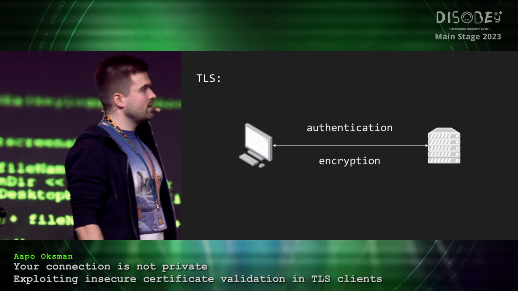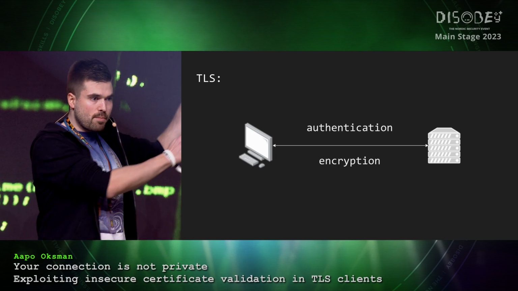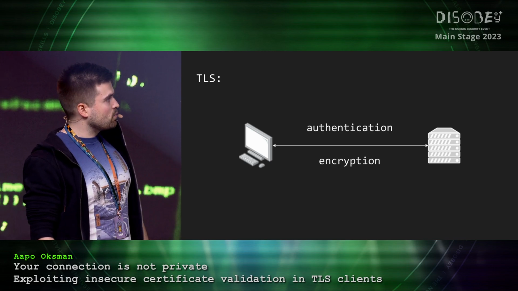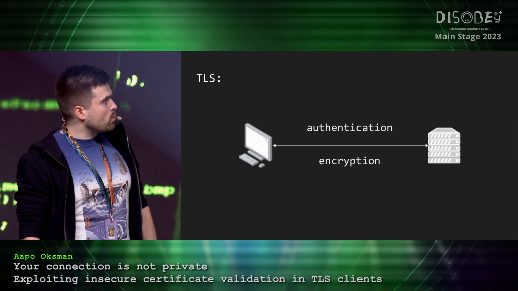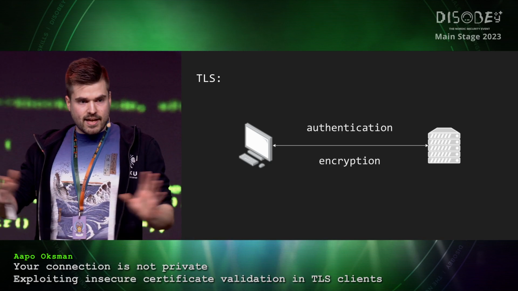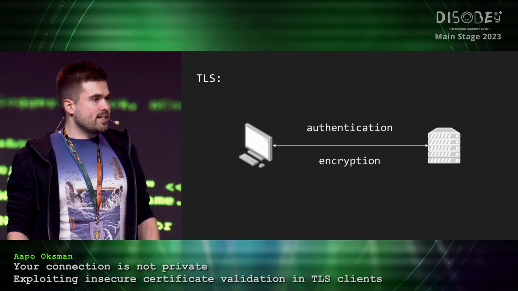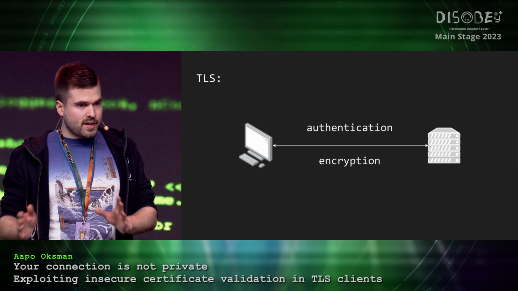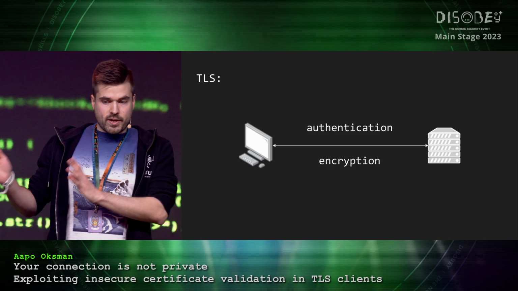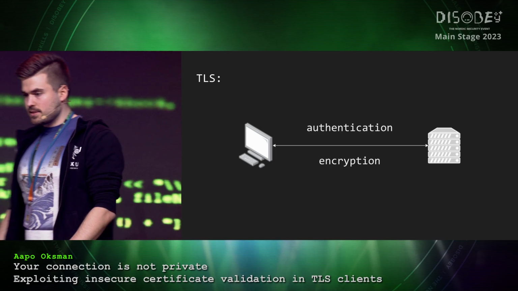TLS, I've simplified it a little bit. We have the channel, but remember there are the bad guys somewhere in between. So we need authentication, we need encryption. We need to encrypt the data so that only we can know what the data is. And we need authentication so we know that the data is actually coming from somewhere else.